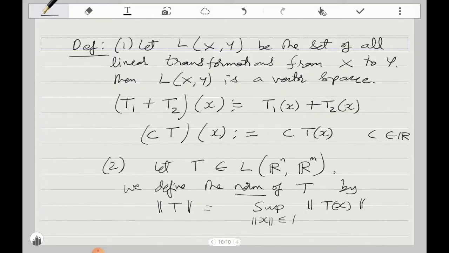Notice that I have used the norm notation on the right hand side in two places.